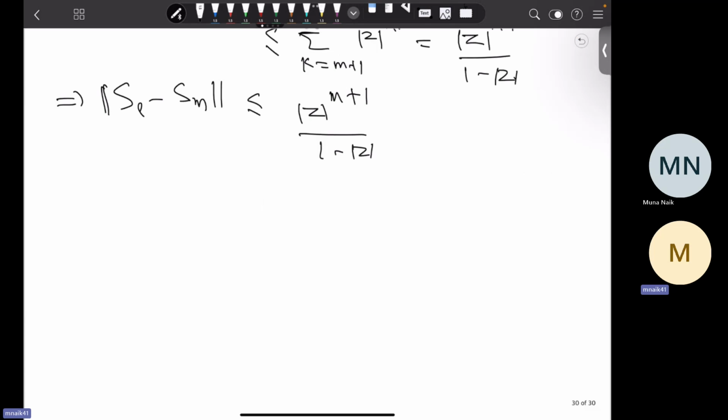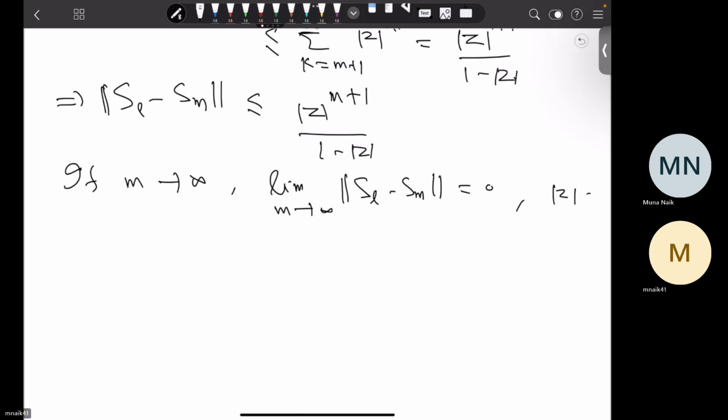That will give you that if m tends to infinity, the limit is 0 because the norm of Z is less than 1. So that will give you that Sm, m belongs to N, is a Cauchy sequence.